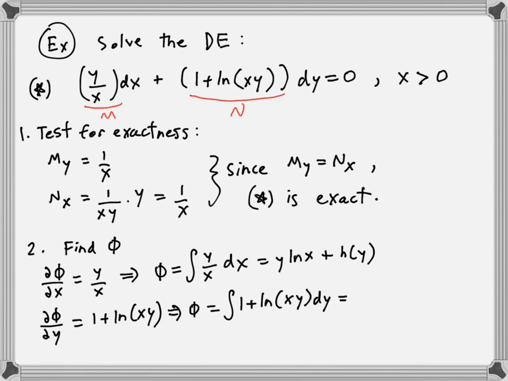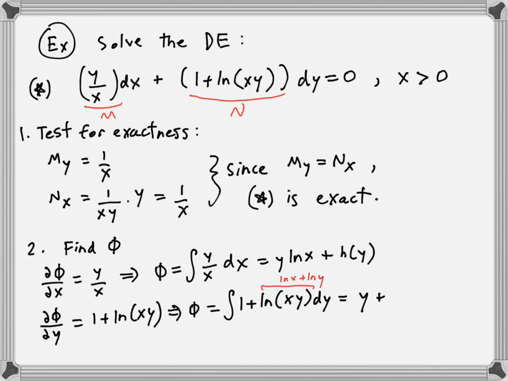We end up with y plus, now the integral of ln is a funny one. I'm not sure if you remember how to integrate that, but what might help is using the rule of logs to separate this. This is ln x plus ln y, right?